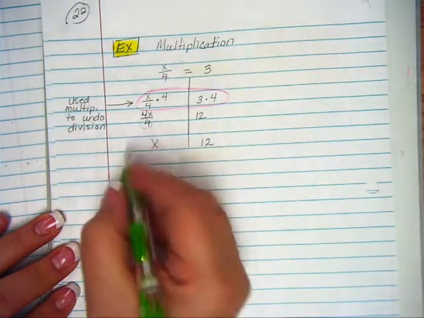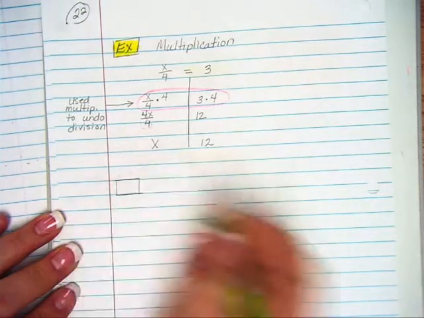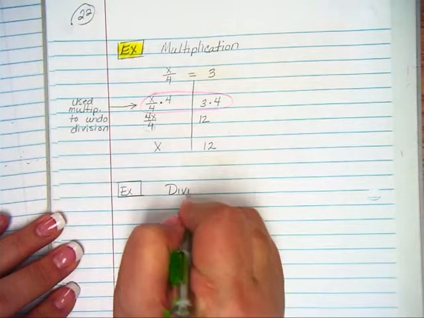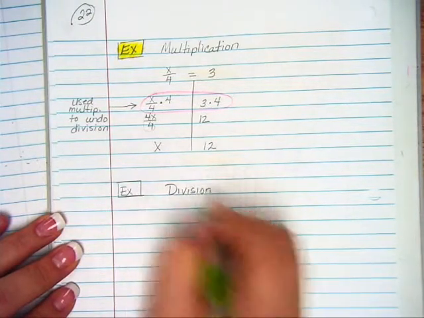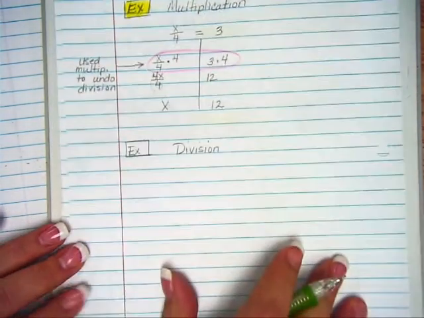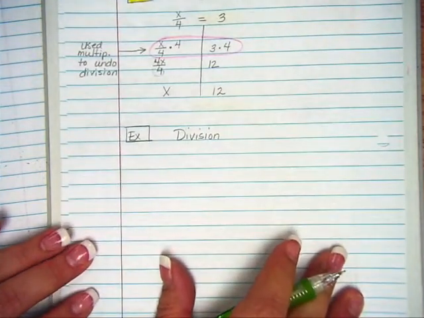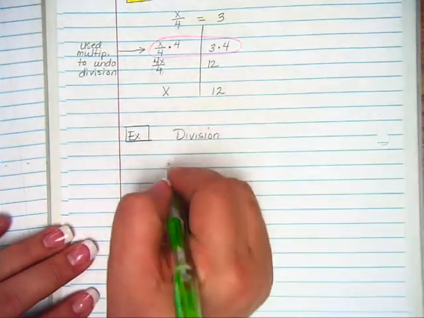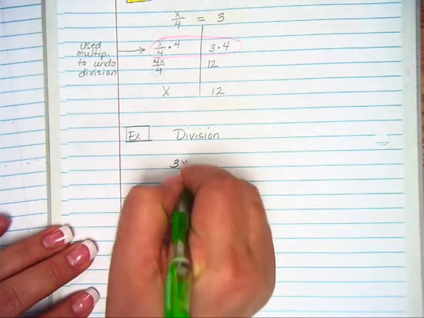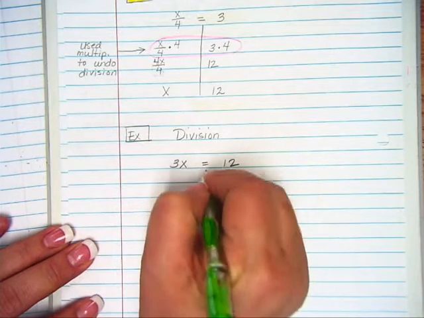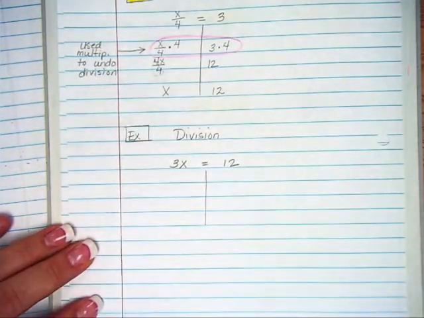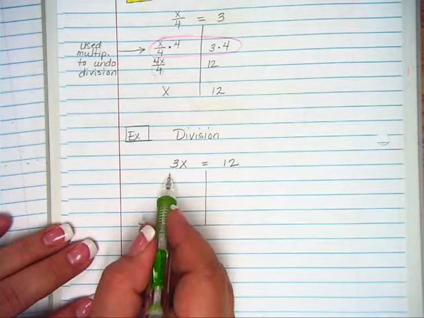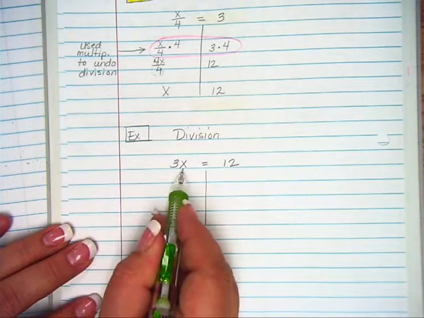All right, let's look at using division. Very similar. Here's my equation to start with: 3 times x equals 12. Let's draw our fence. I need that x to be by itself, so I've got to get rid of that 3, right? It's multiplied. How do I get rid of that?